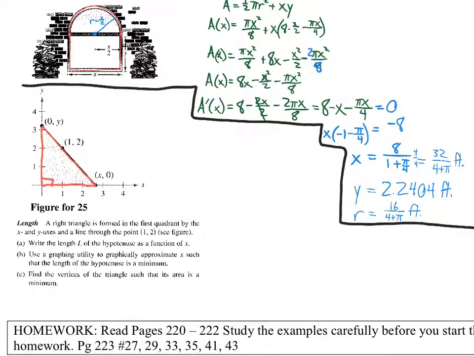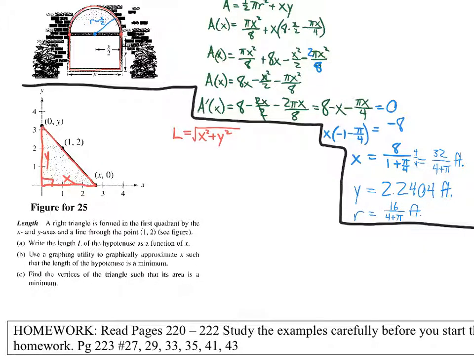Now, if you notice here, this side, because that's the point x, 0, this side is x, this side is y, and that means the hypotenuse is going to be L, which is the square root of x squared plus y squared.